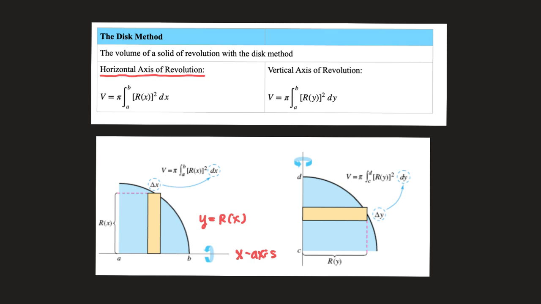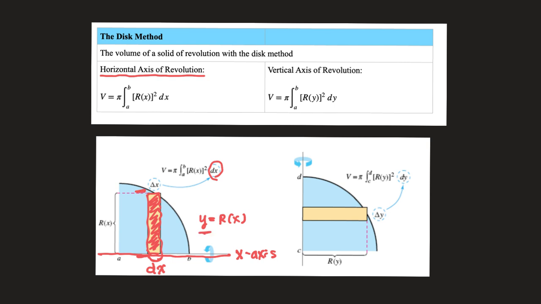You remember from calculus class, integral means a sum. So how do we start? We only think about one rectangle. You sketch the rectangle perpendicular to the axis of revolution, one rectangle. This is a small piece, dx. Then you find the radius, from here to here.